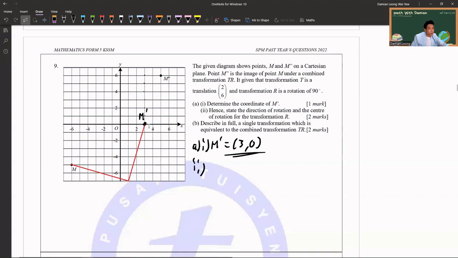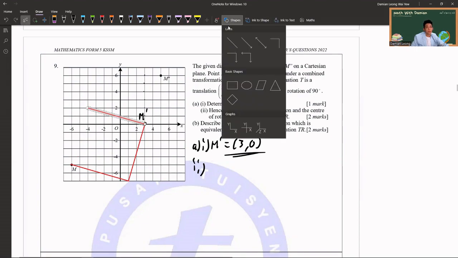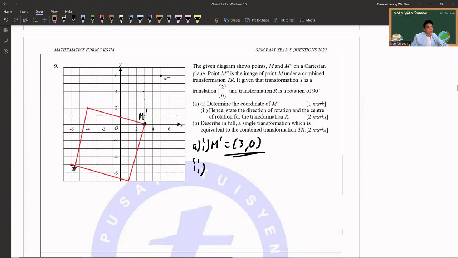You can see 7, 2, 7, 2, so it is possible. But if I go the other way, see if it's possible like that. It is actually. It forms a square.